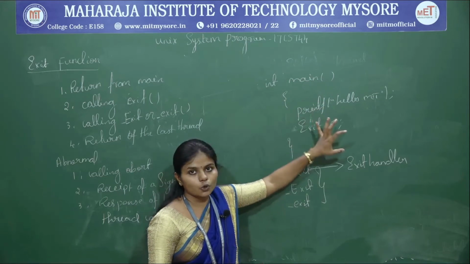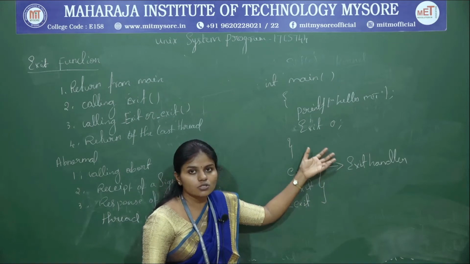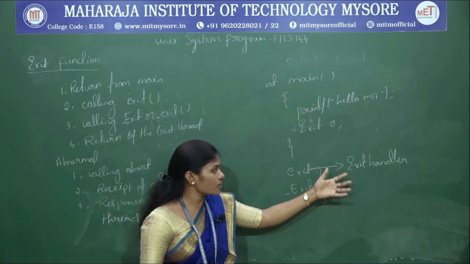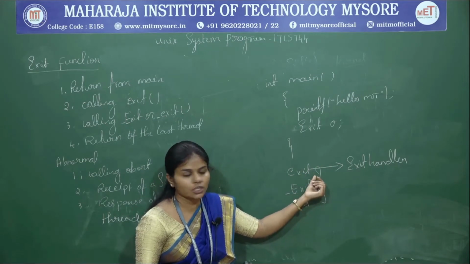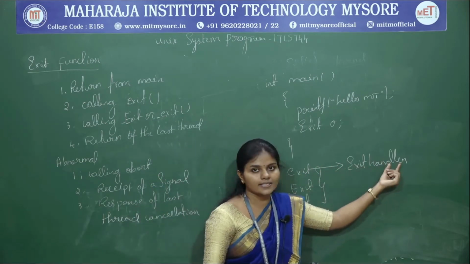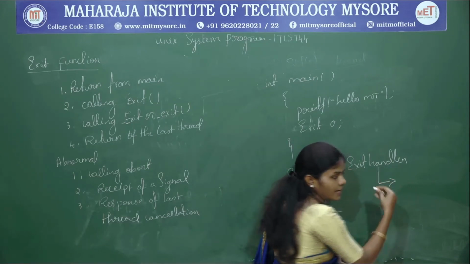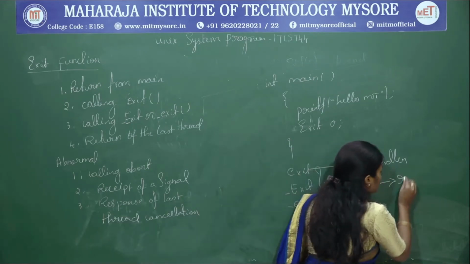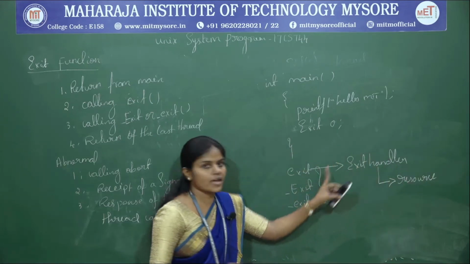After execution it has to terminate, and before termination the resources have to be released. So for that purpose the exit function makes use of the exit handler, which removes all the resources which are occupied.